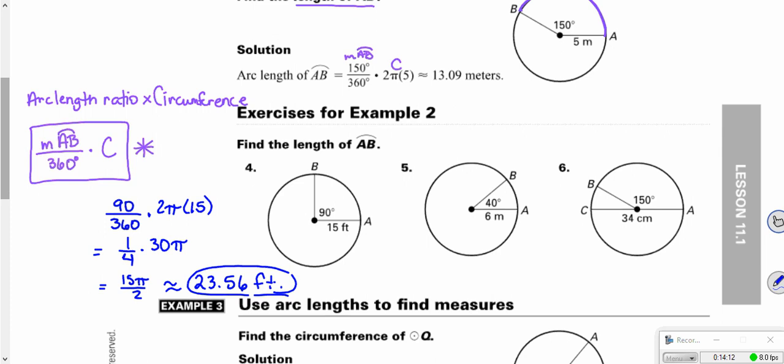And again, there are my dead spots on the board. 23.56 feet.